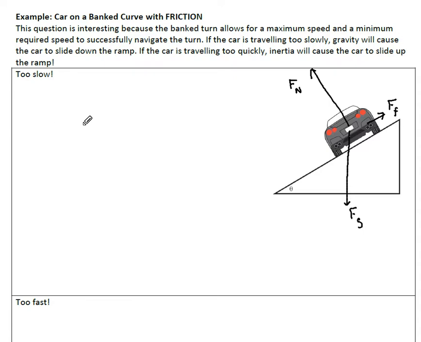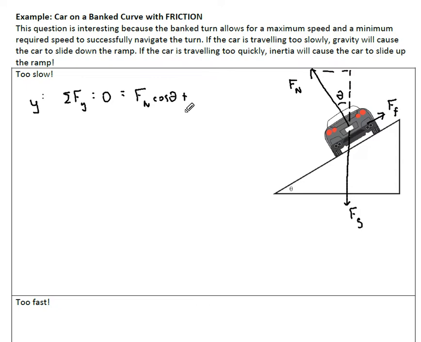So what we can do is we can say, okay, in the y direction, what's happening? Just like what we did last time, we have sum of the forces in the y direction is equal to 0. What forces are in the y direction? We see that Fn has a y component. Let's draw on that triangle. Here's theta. So we know the cos component of Fn is in that direction.